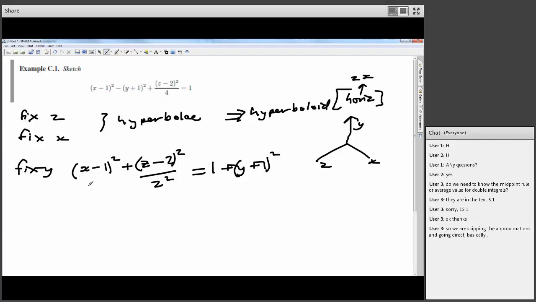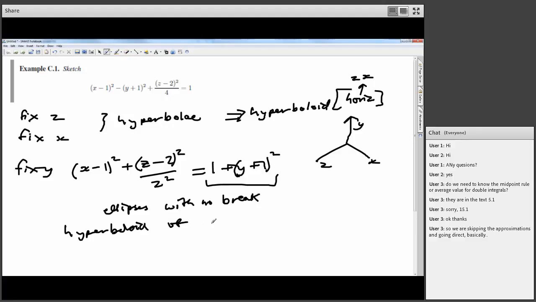So because we've got a sum of squares, these are ellipses, and because the right hand side here would always be greater than 0, it's always at least 1 for that matter, there'd be no break. And so since we have ellipses with no break, then we know this is a hyperboloid of one sheet.